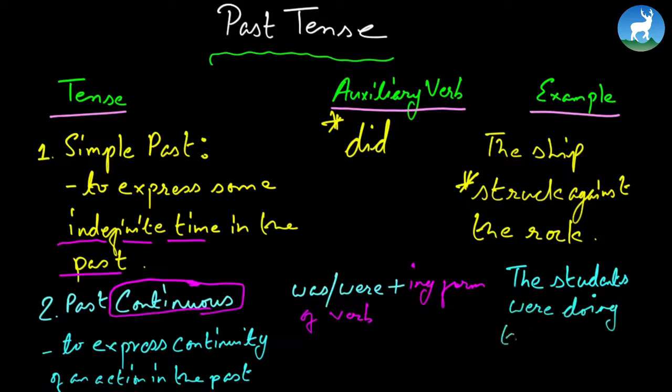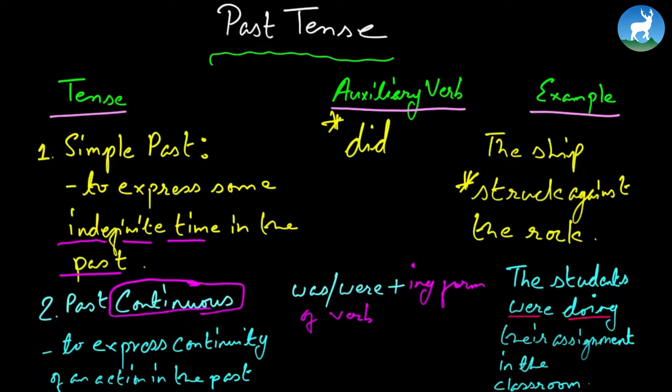The students were doing their assignment in the classroom. This is the example. The students were doing, meaning the action happened in the past and it continued for some time. That's why it's past continuous.